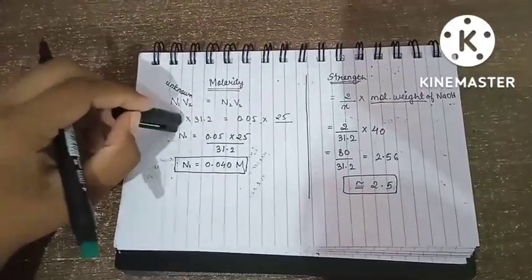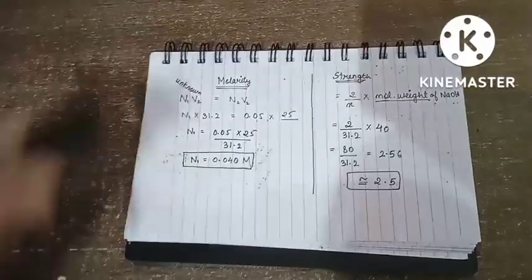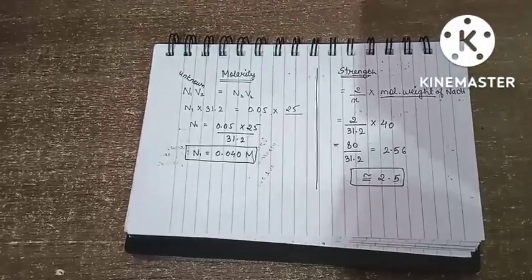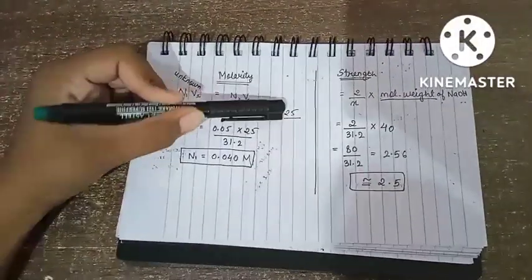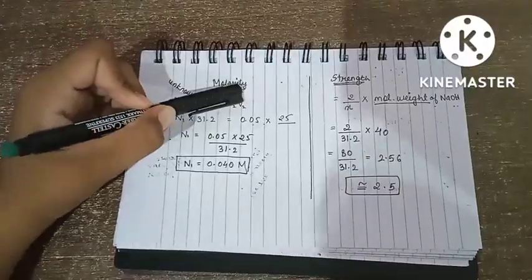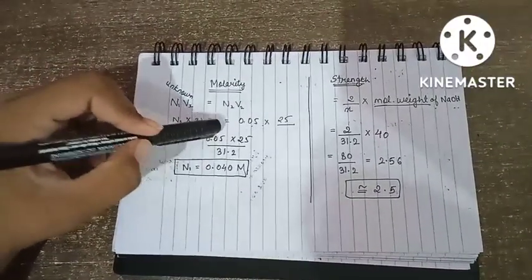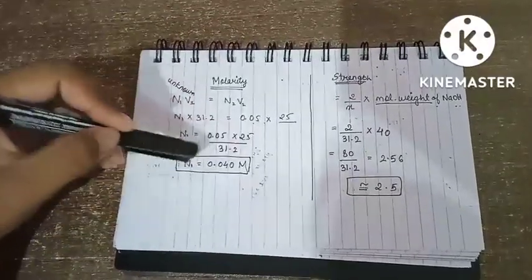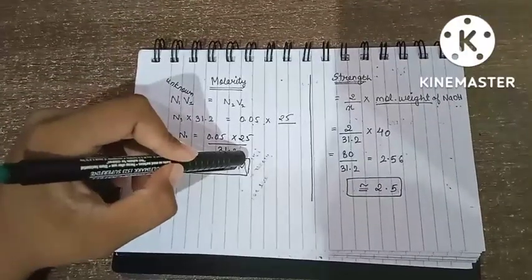Then N1 into 31.2, which was our NaOH final reading, equals 0.05, that is N2, into V2, which is our 25 ml of oxalic acid. N1 equals 0.05 into 25 divided by 31.2, and then N1 equals 0.040 mole.